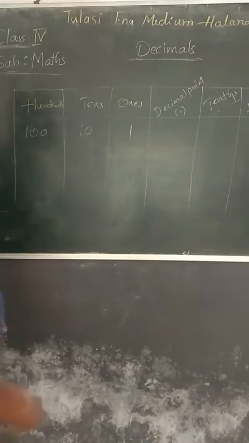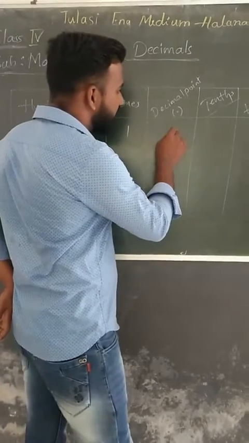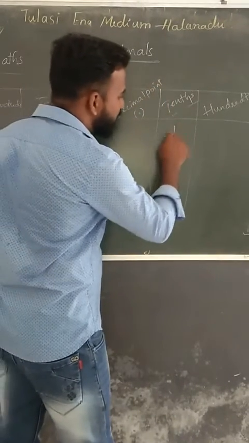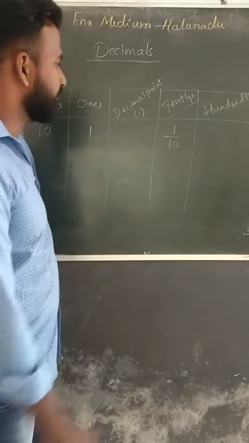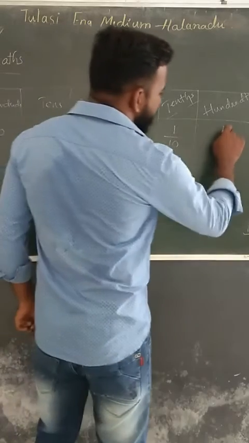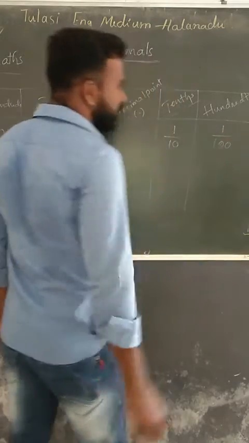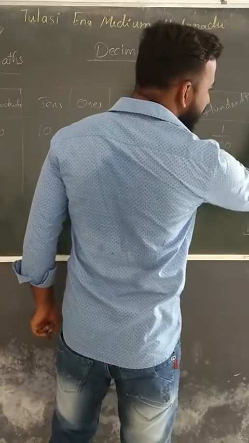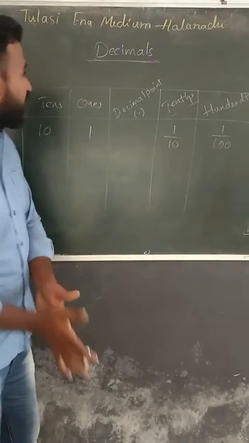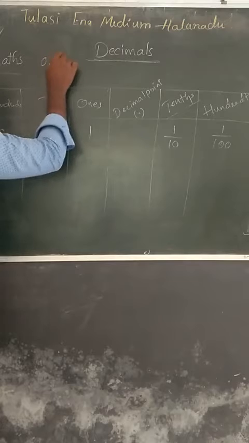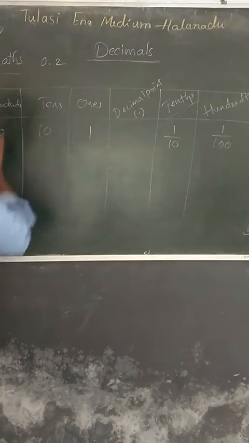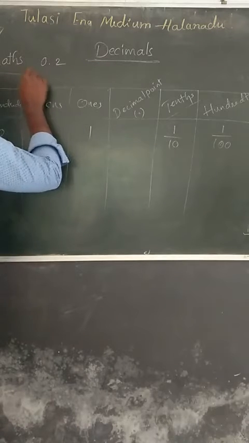It is 100. So this is the decimal point. Okay, tenths. Its value is 1 by 10. So 1 out of 10. It is 1 out of 100. For thousandths, 1 by 1000. So now you can understand 0.2. The whole number part is 0. I mean it is the integral part.